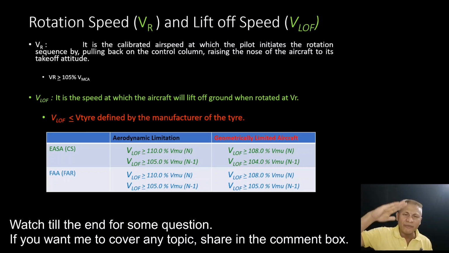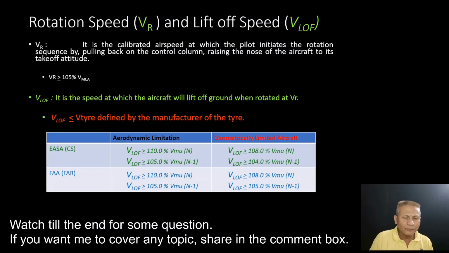The moment it leaves the ground, the tire will start retarding. So this particular VLOF will be governed by the maximum tire speed, that is known as the V tire. My VLOF can never exceed the V tire, which is defined by the manufacturer of the tire.